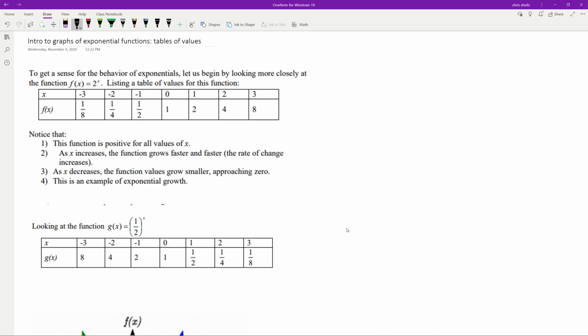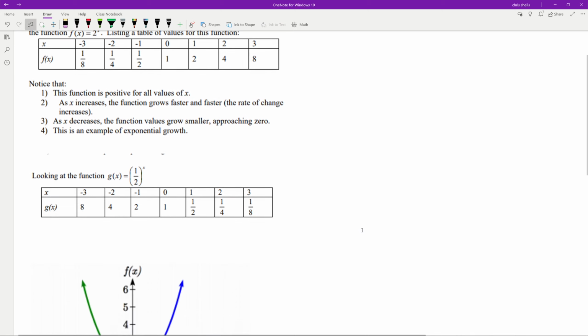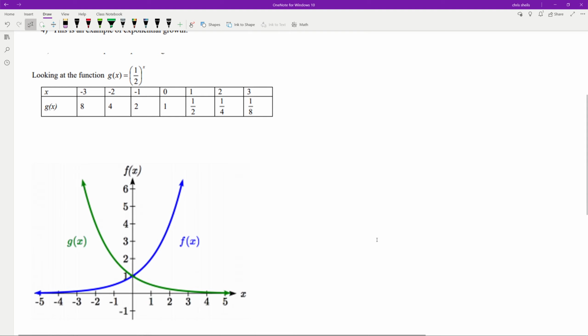You might notice, since this is basically the previous table but flipped, that this function is going to be a horizontal reflection of f of x equals 2 to the x. And this is the case.